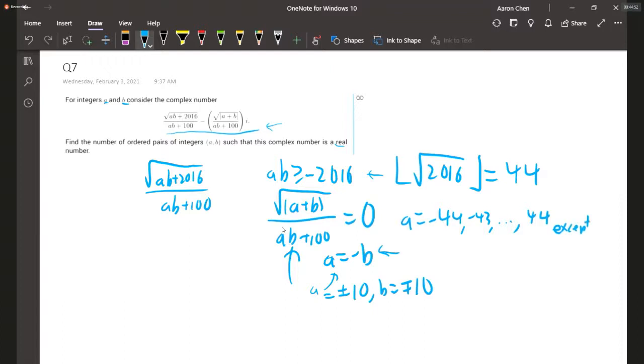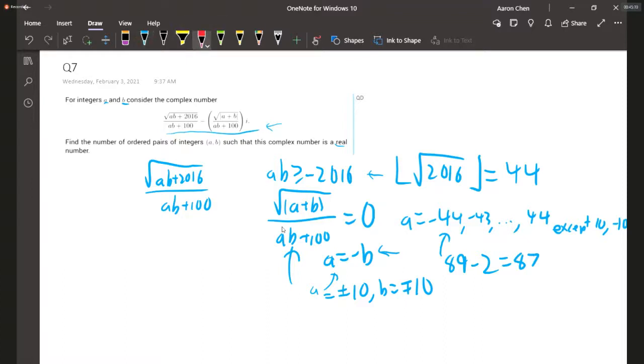And so this has a total of 89 possibilities, and 2 of them cannot be included. So this case generates 87 pairs.